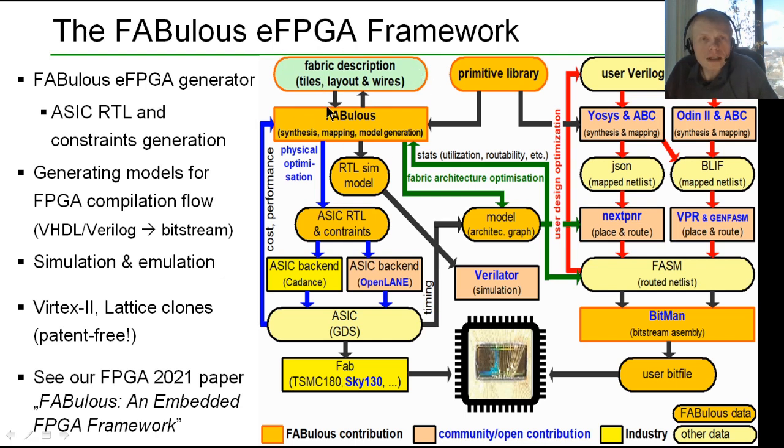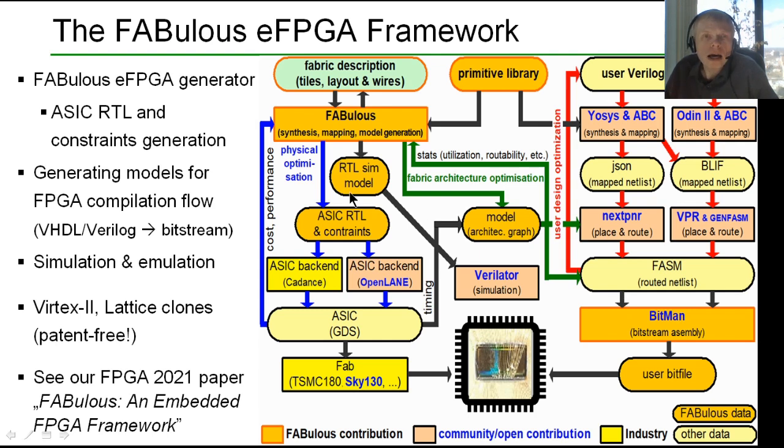Then Fabulous will take care of all this to generate the RTL code and constraints to drive ASIC tools, all the way through to the GDS that you can send to your fab in order to get your chip. At the same time, Fabulous is also generating models to parameterize open source tools that you will need to compile your Verilog or VHDL all the way to a bitstream that can then run on your FPGA fabric.